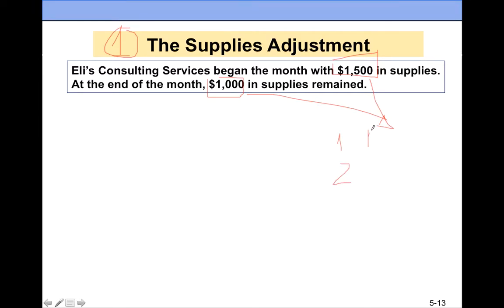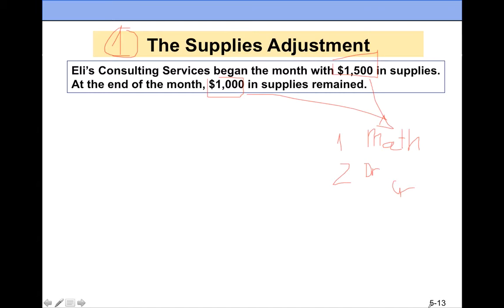So I always say do the math. And the question here is, how much of the supplies have I used up? How much of the supplies should I expense out? And it's the difference here, right? So how much of supplies is used up? $500. And the second step, you debit some kind of expense and you credit an asset by $500.